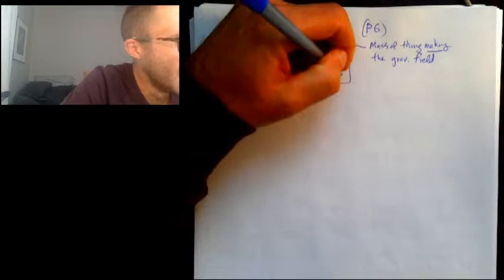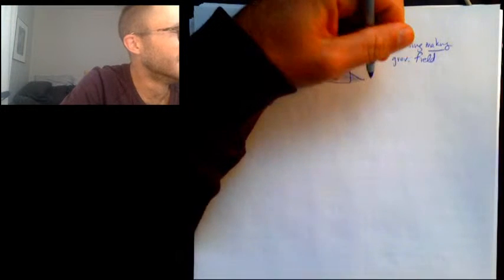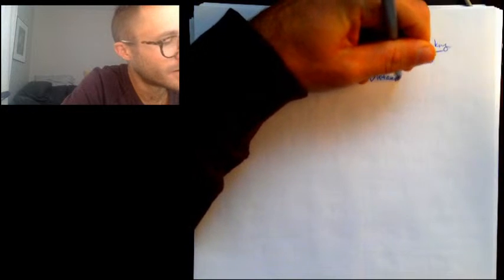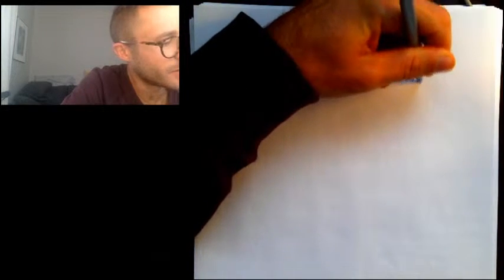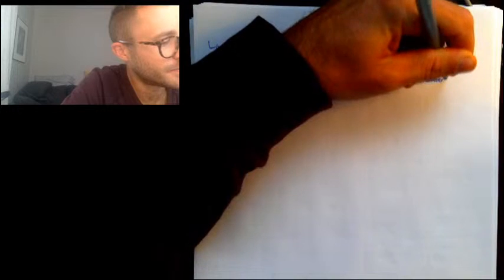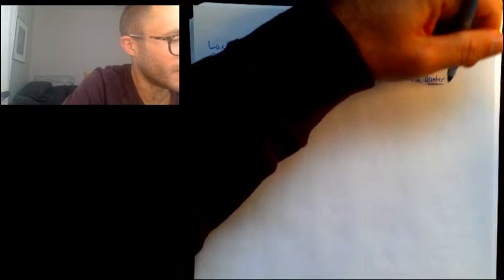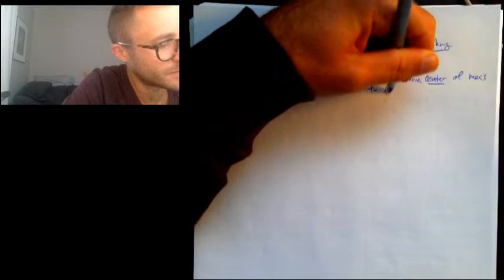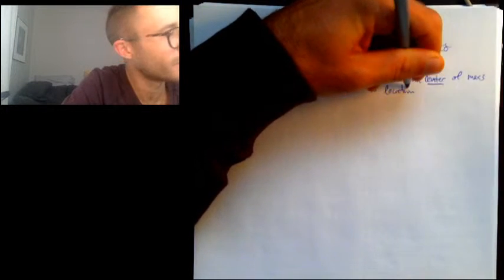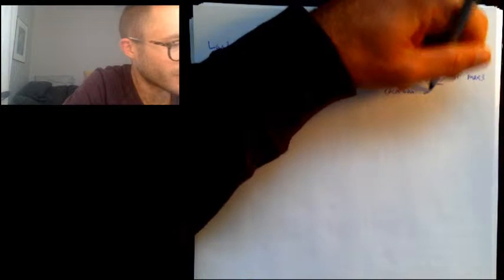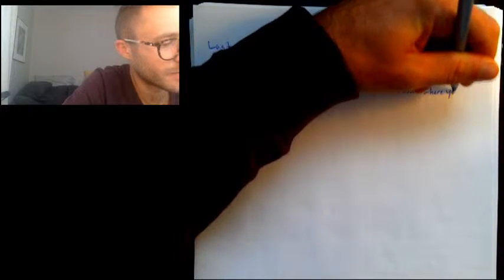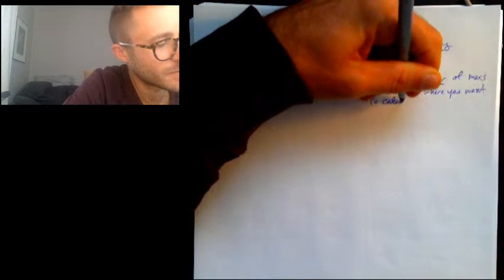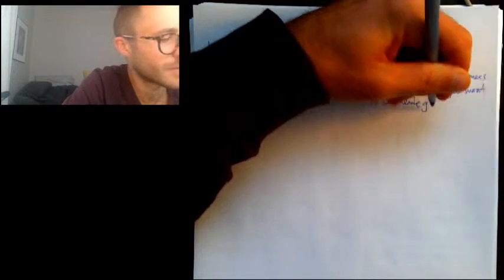R is the distance from the center of the mass to the location where you want to calculate gravity.